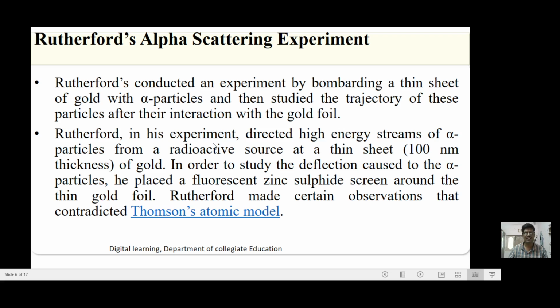In his experiment, he directed high energy streams of alpha particles from a radioactive source at a thin sheet of gold, 100 nanometers thick, in order to study the deflection caused to the alpha particles. He placed a fluorescent zinc sulfide screen around the thin gold foil. Rutherford made certain observations that contradicted Thomson's atomic model.